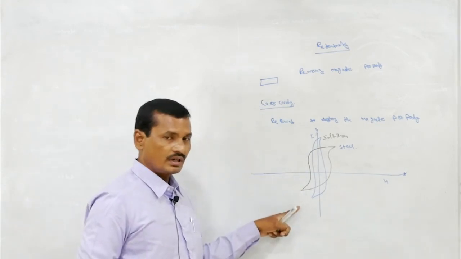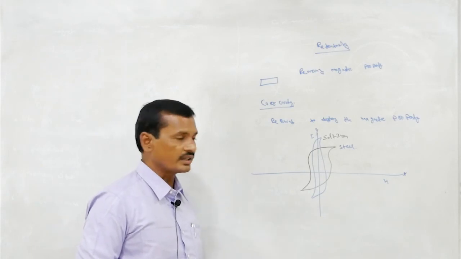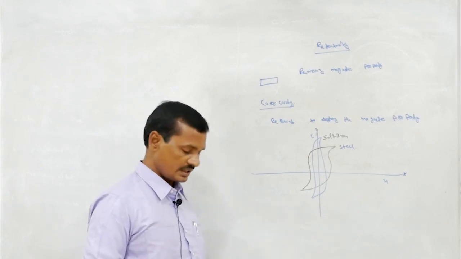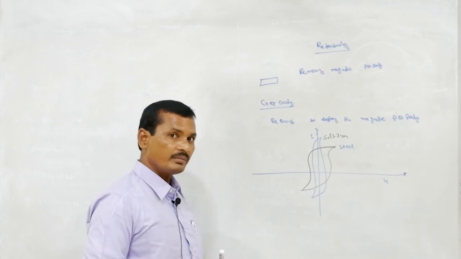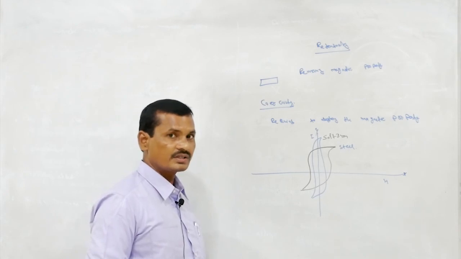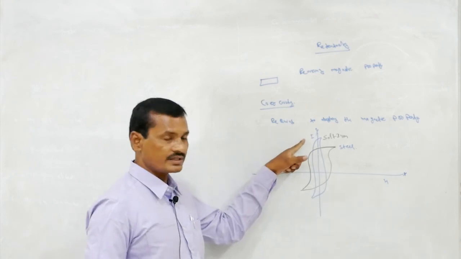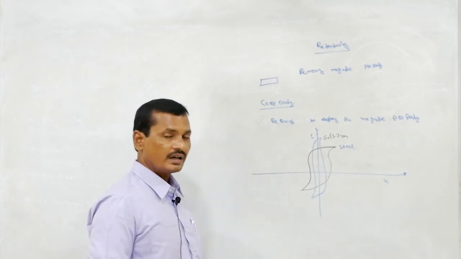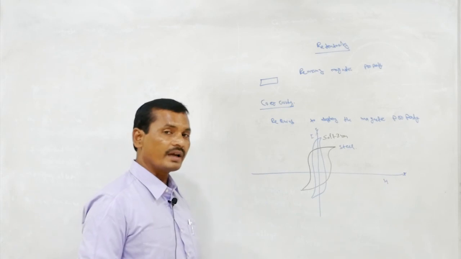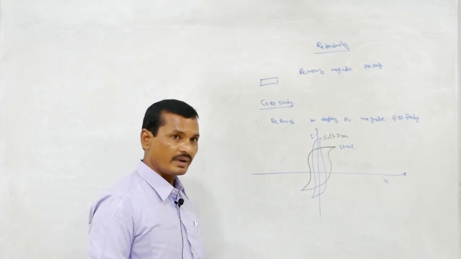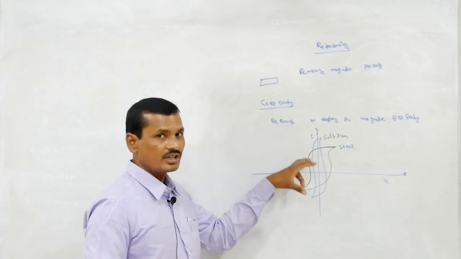According to the graph, we are plotting a graph. Along the x-axis is the applied magnetic field, and I is along the y-axis. I is the magnetization within the sample.